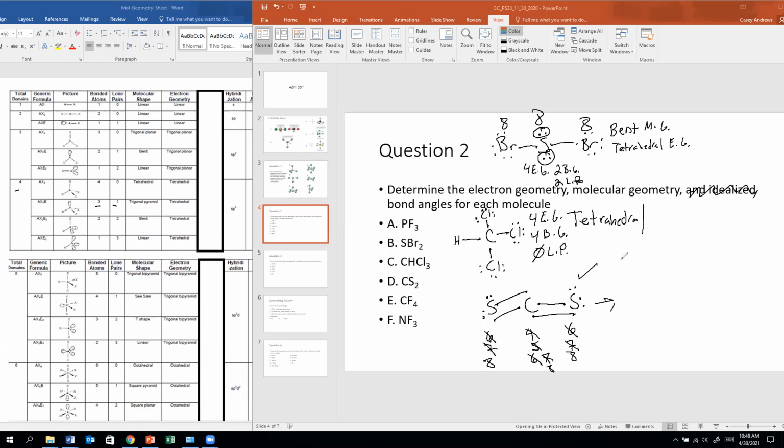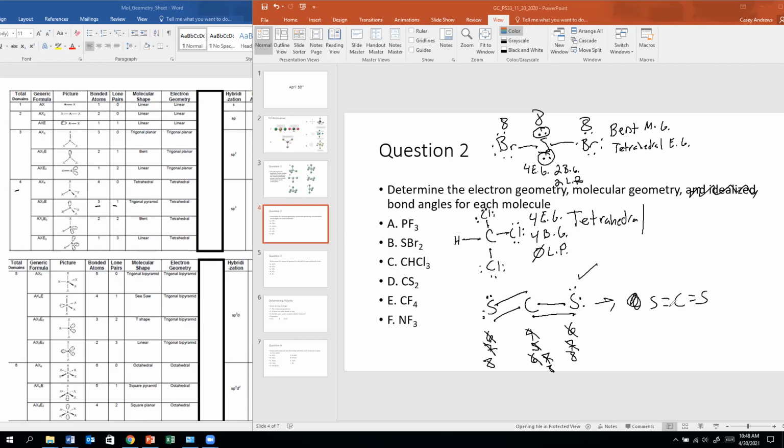I'm going to redraw this to make it neater. Oops, start a little farther away. So carbon disulfide has carbon in the center with a sulfur on each side being double bonded. Now, just because it's a double bond does not mean anything special.